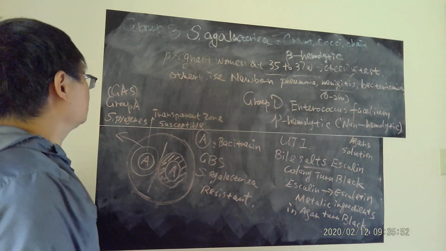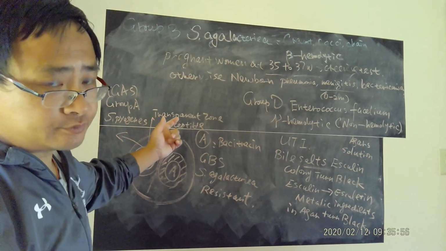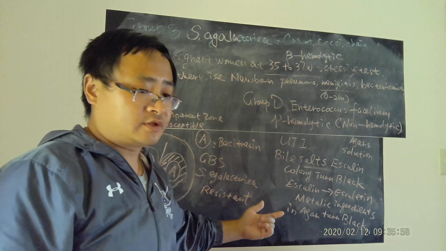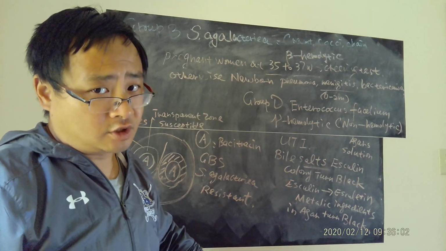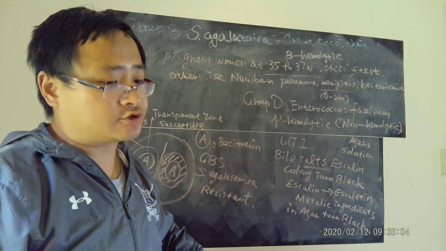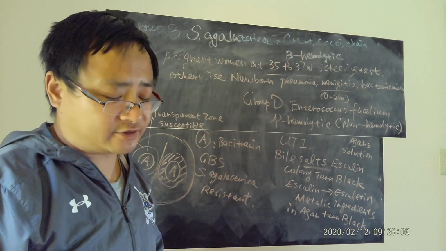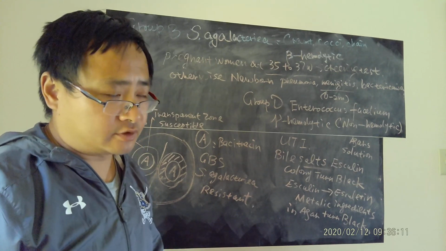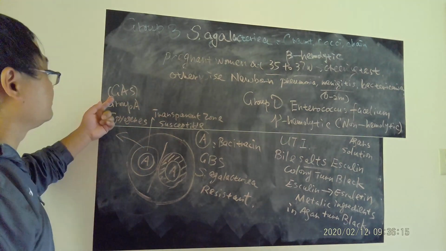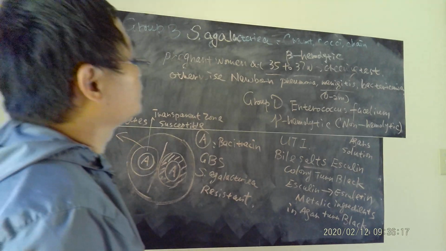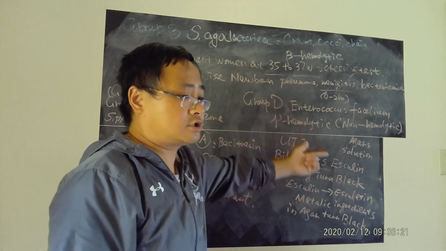So again, we mention one more time: based on the Rebecca Lancefield grouping, we do serological typing based on antibody-antigen reaction, using an extract of the Streptococcus cell wall structure. Then we do a test on the rabbit. We can differentiate them into group A, Streptococcus pyogenes, group B, Streptococcus agalactiae, and group D, Enterococcus.